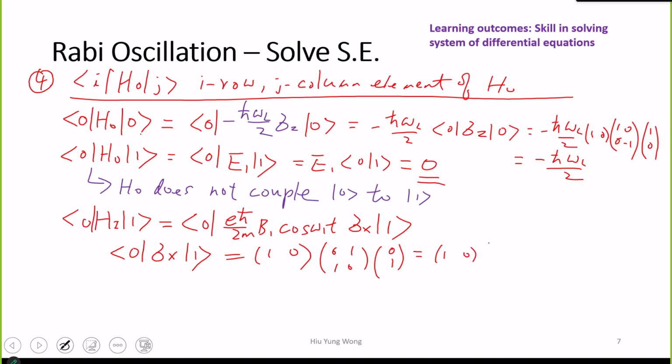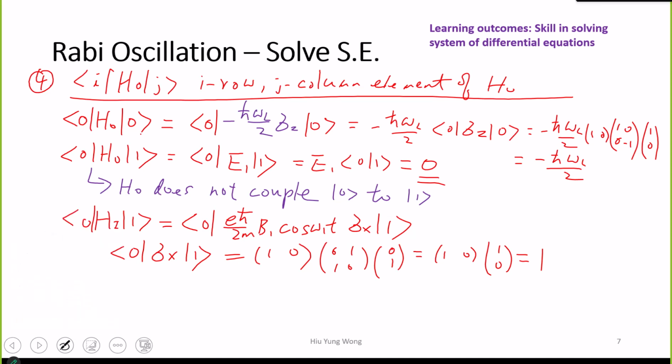This is 1. Sigma x couples |0⟩ to |1⟩ because it has off-diagonal elements. So it means that it's going to change the state of |1⟩ to |0⟩ as a function of time. They will oscillate back and forth.